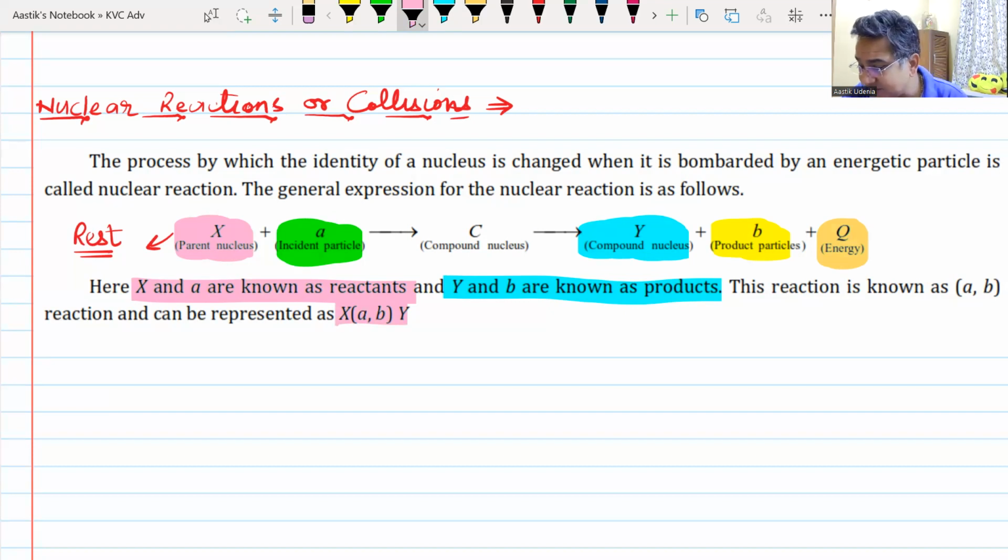Do we understand this? This is how nuclear reactions happen. Now, in most of these nuclear reactions, there are three principles that we need to apply.